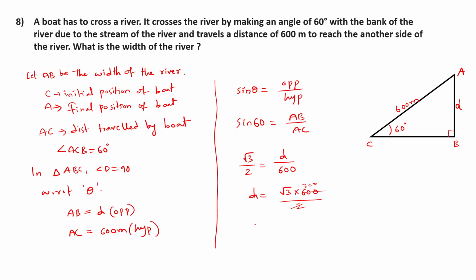So answer is D is equal to 300 root 3 meters. If you want, you can simplify by multiplying the root 3 value, or else you can stop here only. Either is okay. So this is simple.